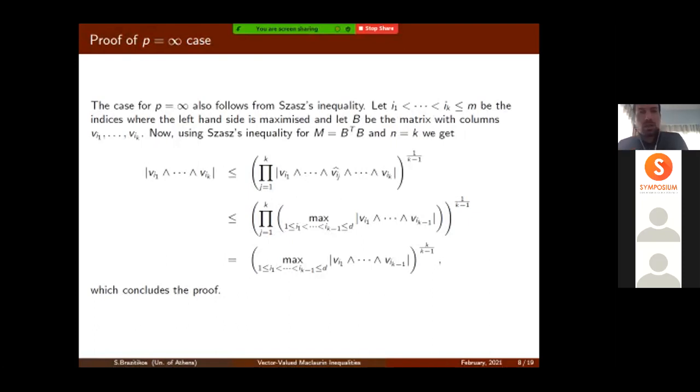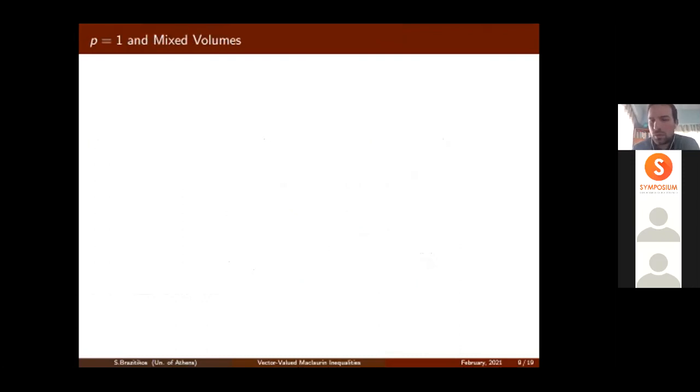So that was the case p equals infinity, and these were, let's say, the easy cases, p equals 0 and p equals infinity. And let's go to the p equals 1 case. The p equals 1 case is different from 2, different from 0, different from infinity.